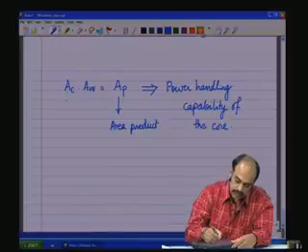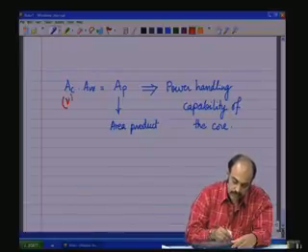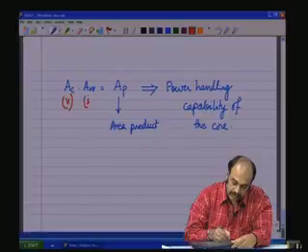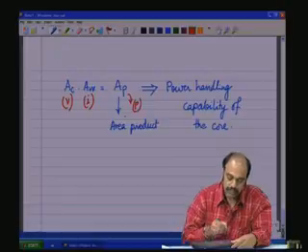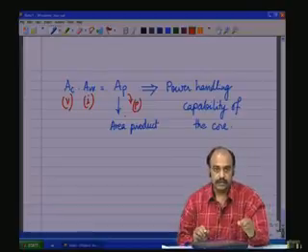Because AC decides the voltage handling capability, AW decides the current handling capability, and therefore the product decides the power handling capability of the core.